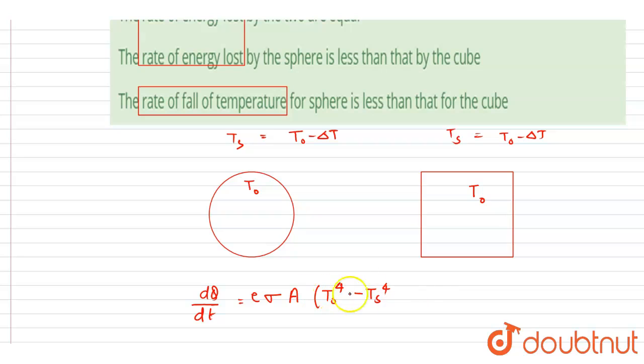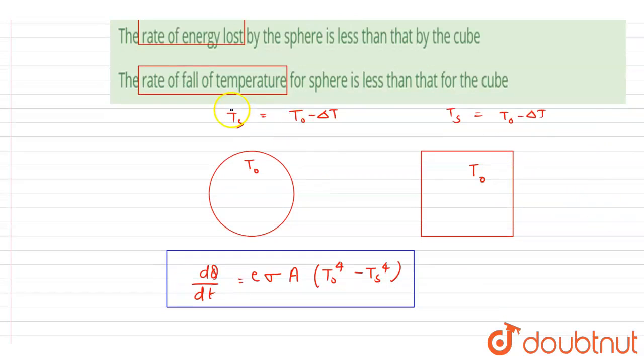So all the expression is same for the two. The rate with which energy will be radiated out of the body to the surrounding is this. Now, the rate of fall of temperature of the sphere is less than that of the cube.